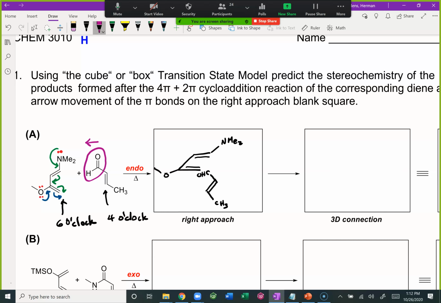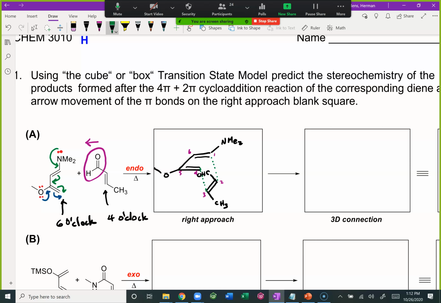If I label these carbons as 1, 2, 3, 4, 5, and 6, carbons 1 and 2 will connect, and carbons 4 and 3 will connect. Do you see that connection happening? Can you visualize that? You had the diene on the top and the dienophile underneath that box.